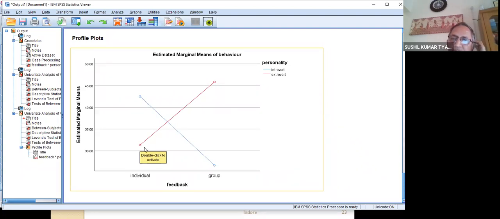It is very easy to interpret because this is a symmetric sort of interaction. Here, extroverts who have been given group feedback have performed well on behavior, whereas introverts who are given individual feedback have performed better on behavior.